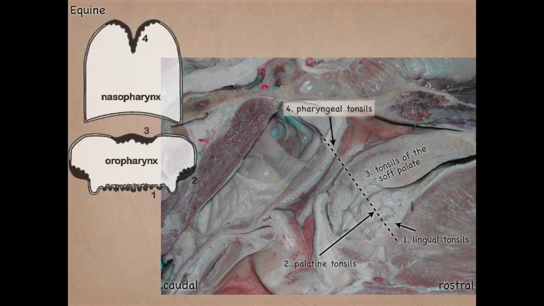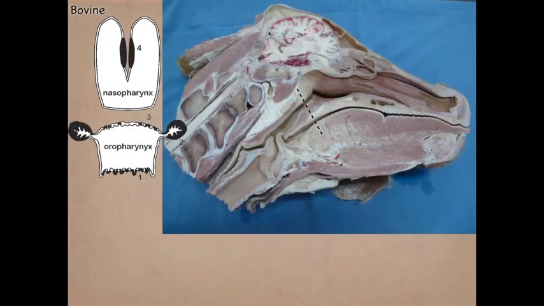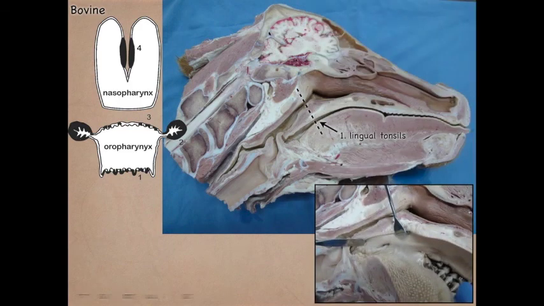Okay, similarly in the bovine, if we take a section right there, we would see the lingual tonsils once again. We're going to find that the palatine tonsils are found surrounding the tonsillar sinus. See a little opening there that goes into the tonsillar sinus.